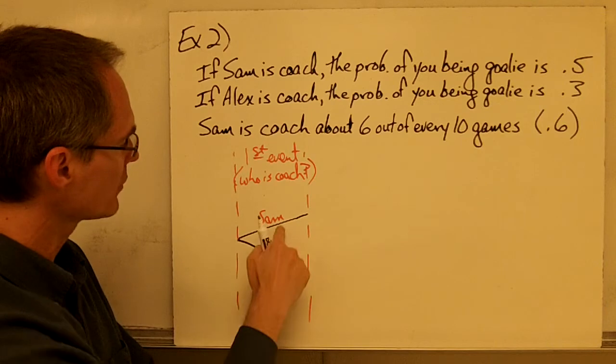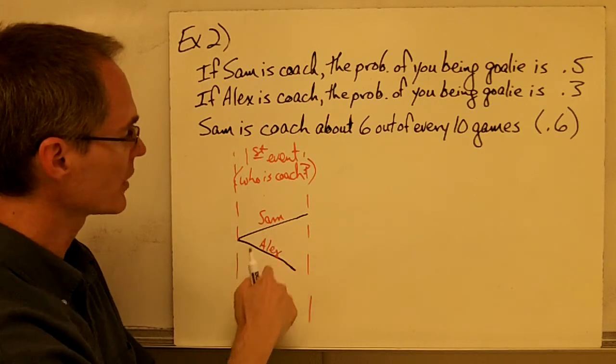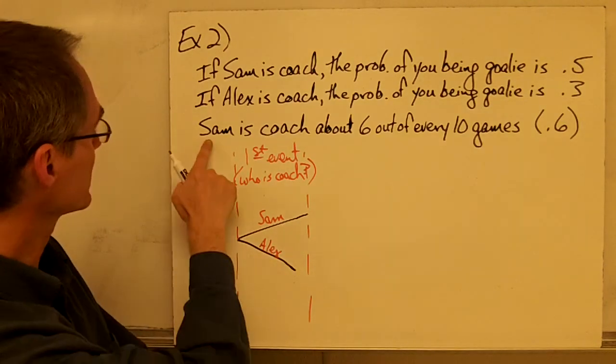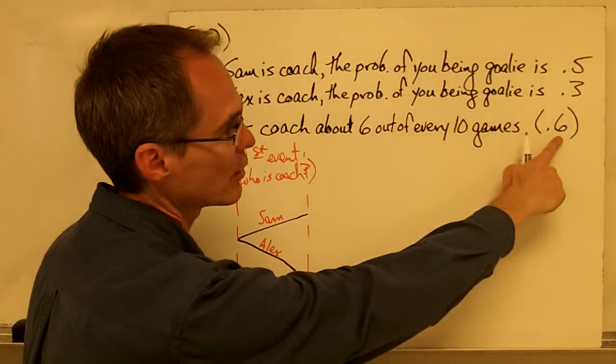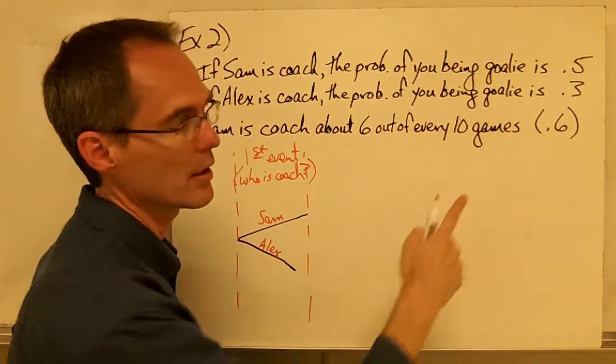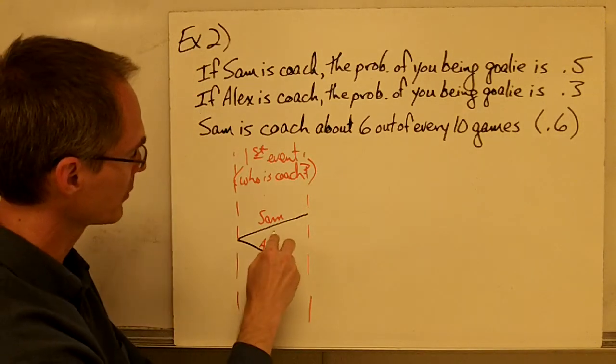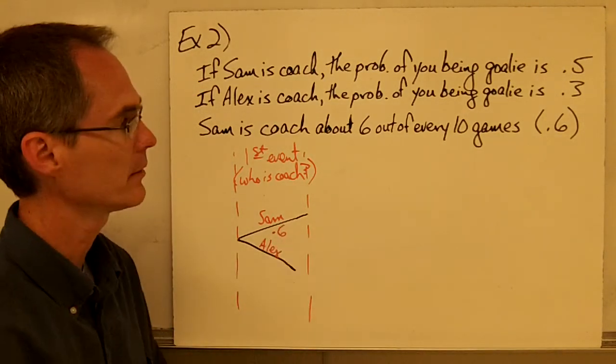And I also know the probabilities that each one of these 2 people are going to be coach, because I'm told that right here. Sam is coach about 6 out of every 10 games. So the probability that Sam is going to be coach is 0.6. So I want to put that probability right here.